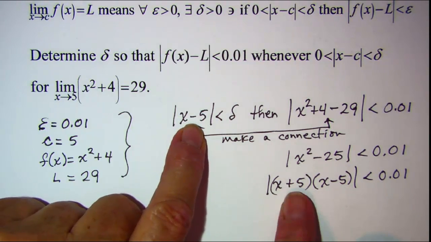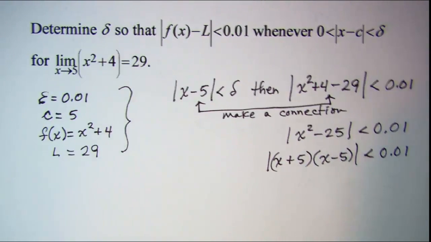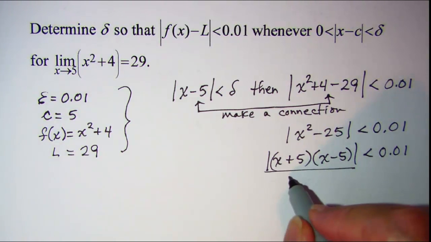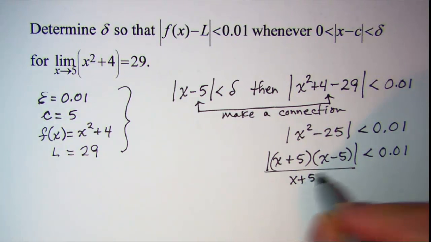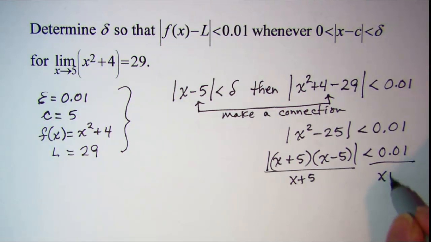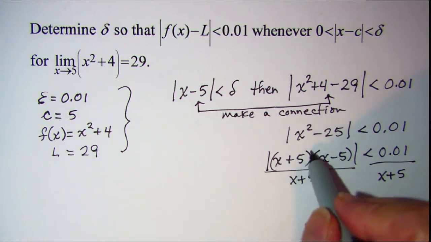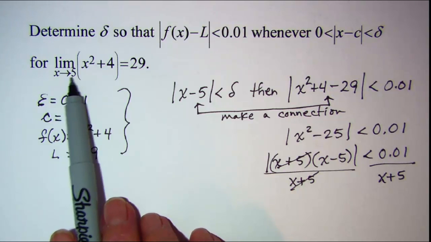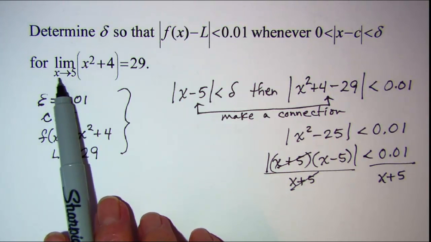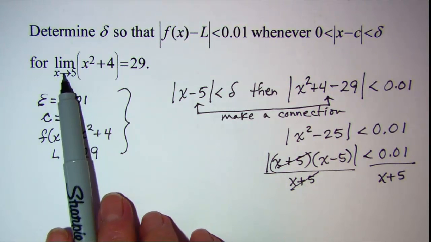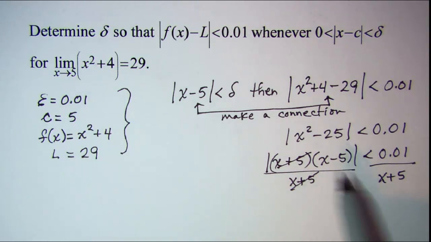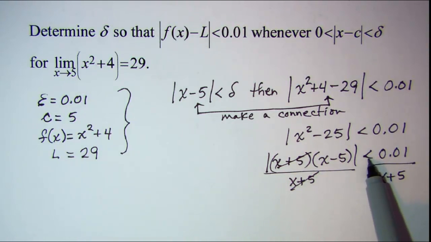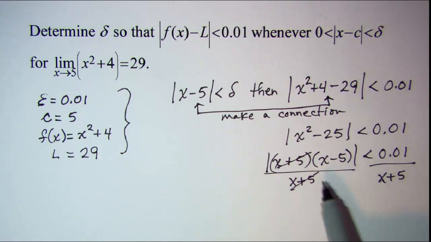So let's divide both sides by x plus 5. And these will cancel. I'm approaching 5, so this will be a positive value for x. So I don't need to worry about changing the direction of the inequality when I divide by x plus 5 because it's positive.